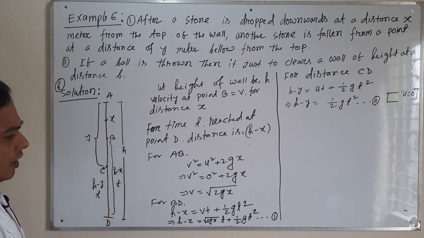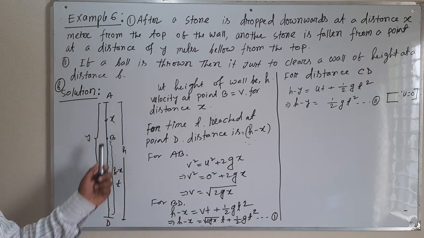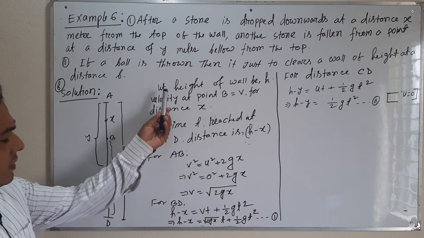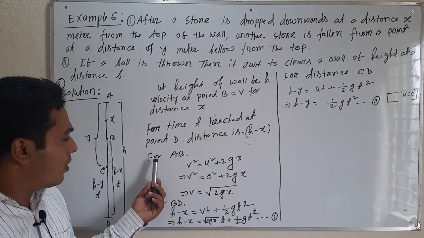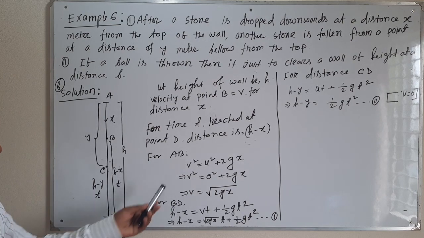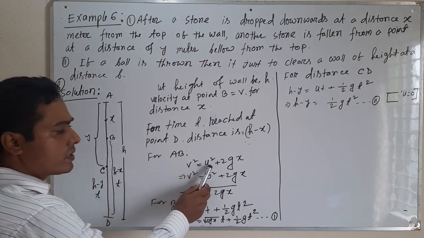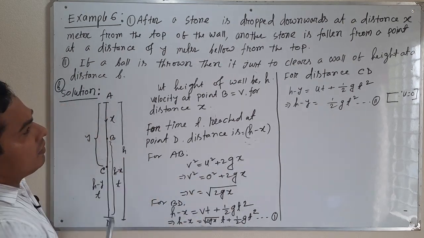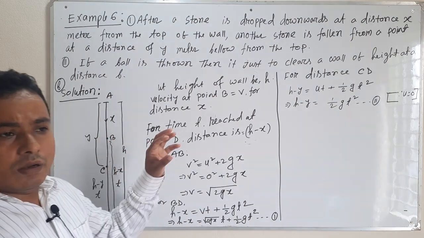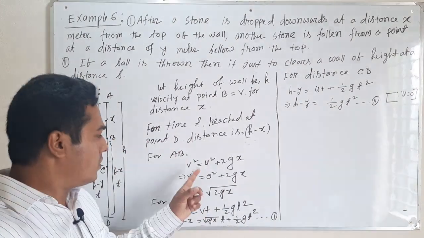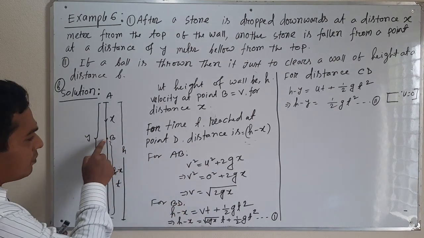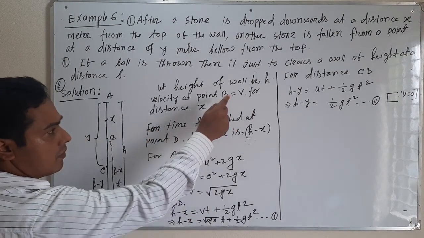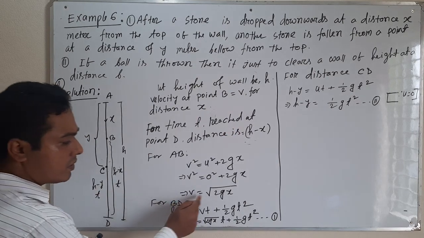Okay, now for AB distance we can write, this is a description of this figure. For AB we can apply this formula, v square is equal to u square plus 2gx, and both stones drop from the rest position, so initial velocity is 0, and at point B the final velocity is v, so v is equal to root over 2gx.